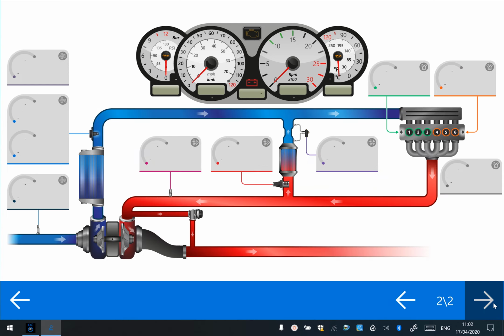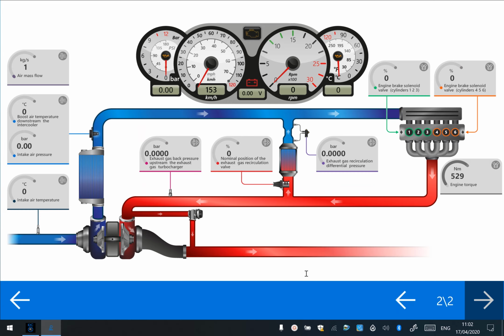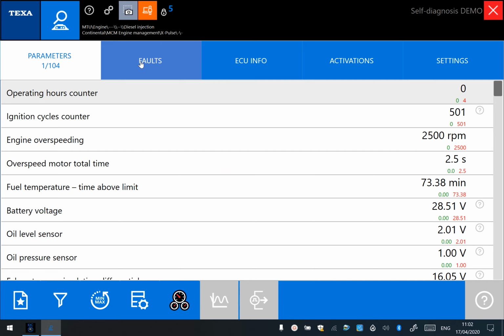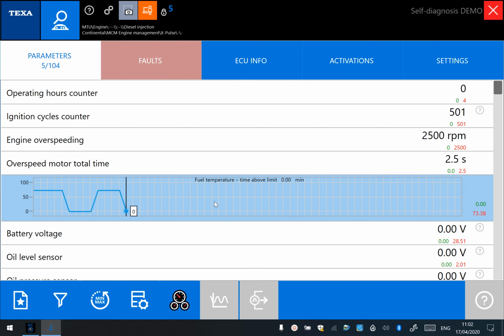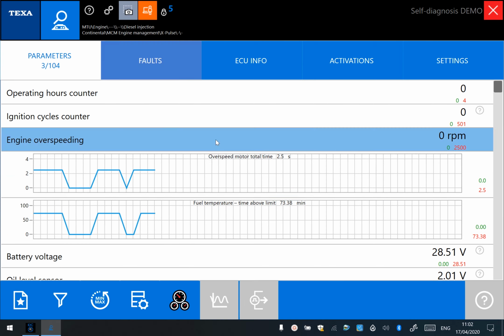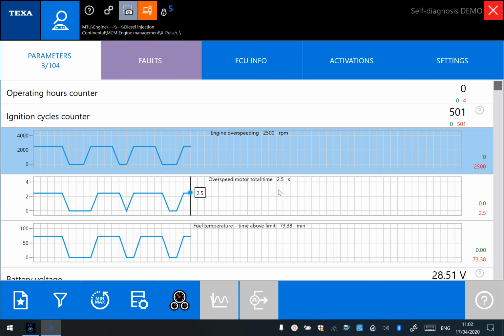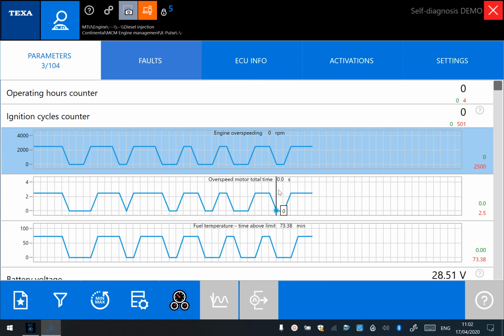So we've got a couple of pages there. Depending on the complexity and depending on what information we've got in the system, that will obviously populate here. There's a variety of other things we can do on here, but hopefully you get the gist of this. The other thing we can do is something as basic as just double clicking each sensor, and you're going to be able to follow a line diagram, which, when you're recording or monitoring, makes it much easier to see a peak or a trough rather than a flicker in a number.